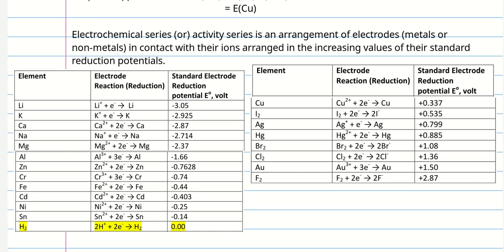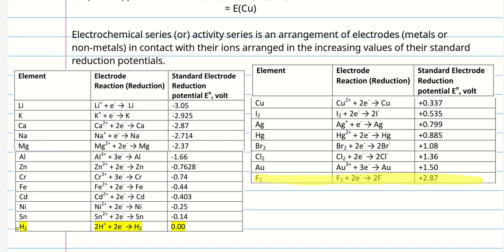Below you can see the electrode reduction potential of a few metals and non-metals arranged in increasing order. Lithium, which has the lowest value, minus 3.05, is placed first, and fluorine, which has the highest reduction potential, is placed at the bottom.